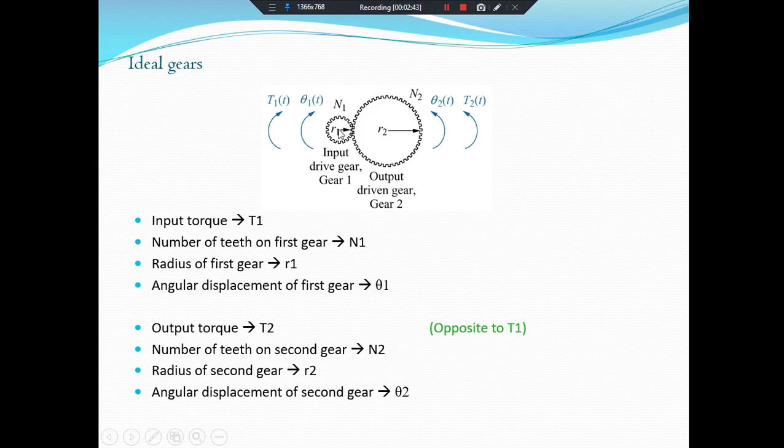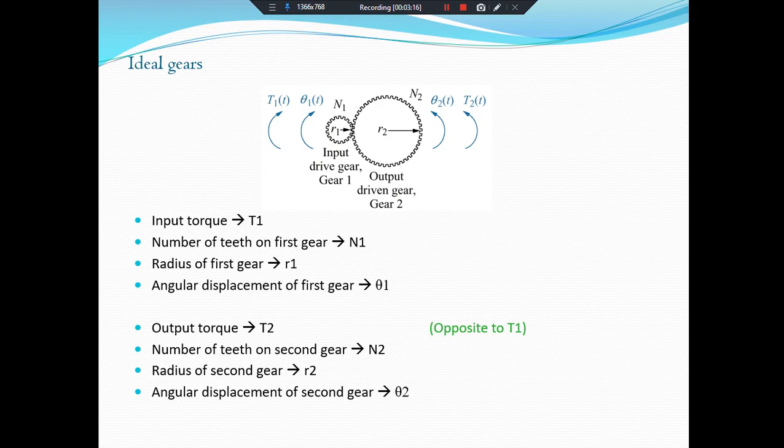By applying torque, we move gear 1, and as an effect the second gear also moves. This is the output, driven gear. The output torque will be T2, the number of teeth on the second gear is N2, the radius of the second gear is R2, and the angular displacement of the second gear is theta 2.